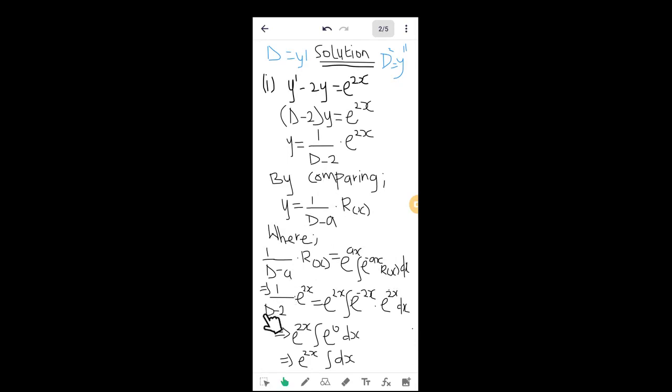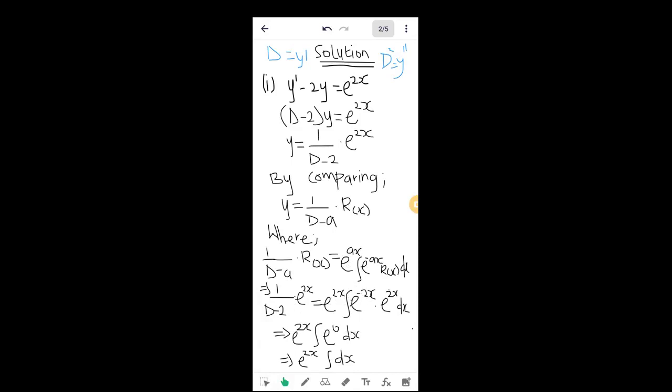So my 1 over D minus 2 operating on e exponent 2x is equal to, now here we are writing e exponent ax. So you always repeat the positive of this value outside the integral sign. The positive of this value is 2, so we get e exponent 2x.